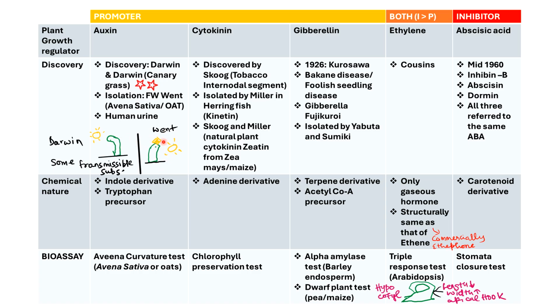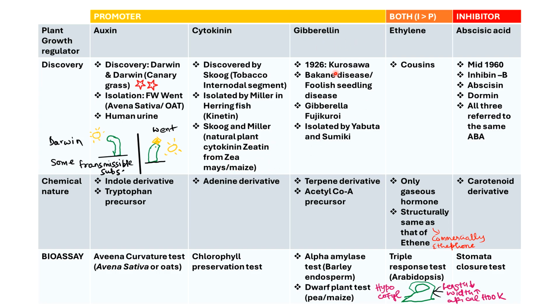In Went's experiment, the agar block will have all the active ingredients, so it shows bending even though the coleoptile is removed. Then discovery of cytokinin was done by Skoog in tobacco internodal segment. Isolation was done by Miller in herring fish. The first isolated cytokinin was kinetin, but it was from an animal source. The first cytokinin isolated from a plant is zeatin, from Zea mays, or maize plant.